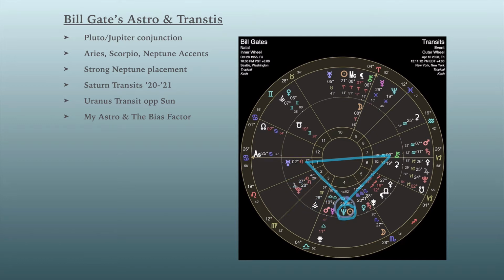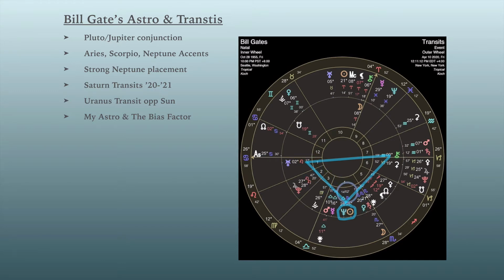Particularly if we use the midpoint between these two, it's in a T-square with these other factors. So you're tying together Uranus, which is the kind of the unconventional, original, nonconformist, creative, computer-oriented energy with his identity. It's being highly stimulated, okay?